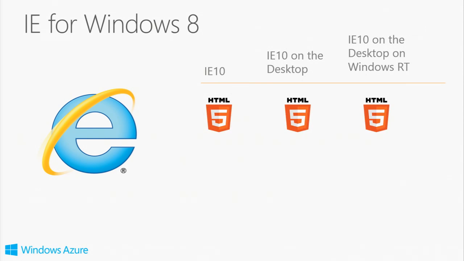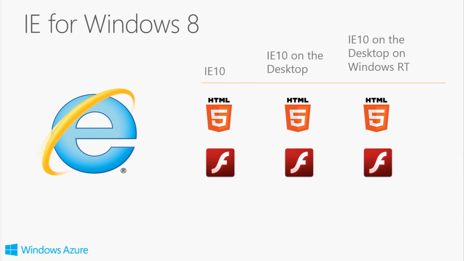If you try to play back HTML5 progressive download, all of them support that. If you try to do Flash, all of them support that as well. Flash is not supported as a plugin; it is actually built into IE10 as a capability of the browser itself. You just have to whitelist your website in order to utilize that capability, and it's not that hard to get your website whitelisted.